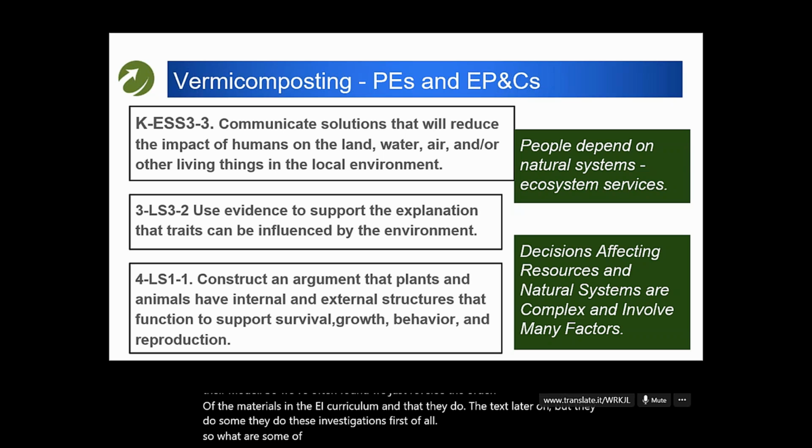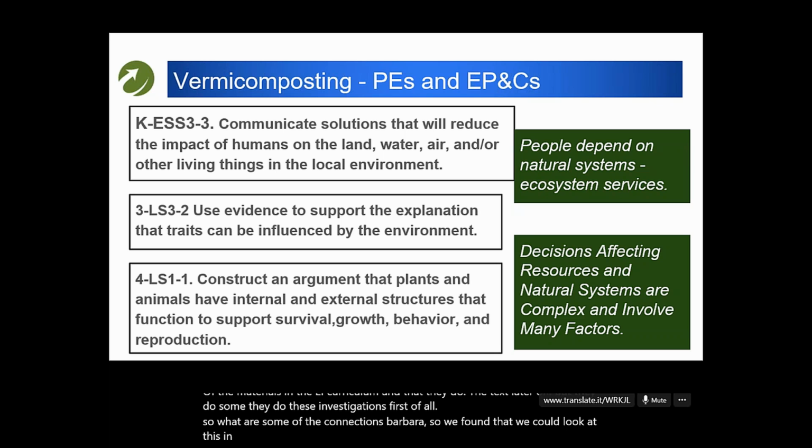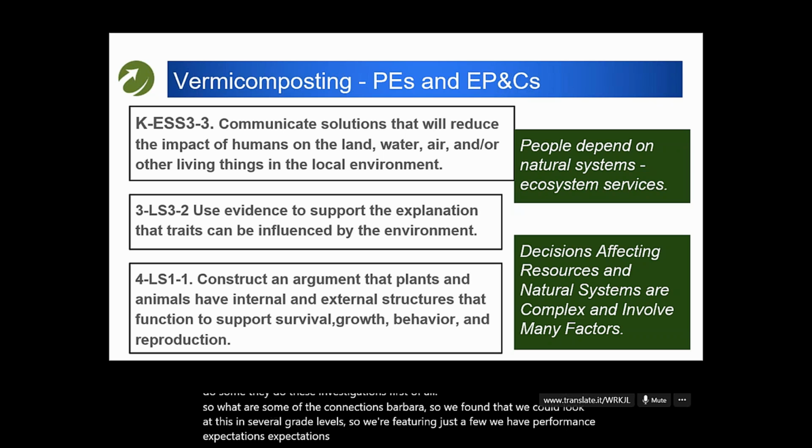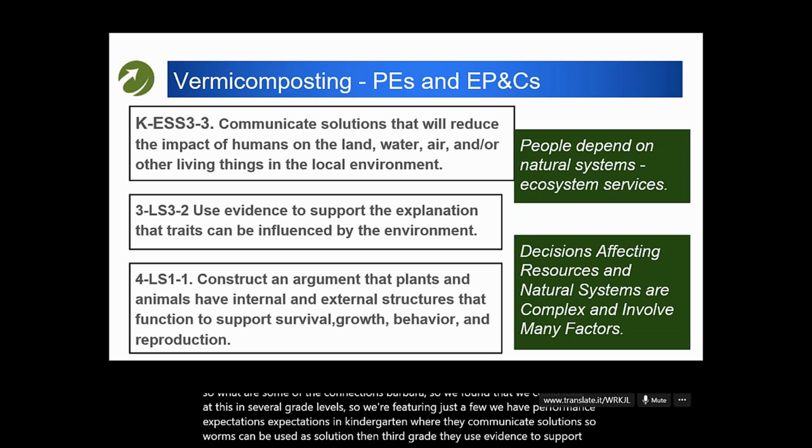So we found that we could look at this in several grade levels, so we're featuring just a few. We have performance expectations in kindergarten where they communicate solutions. So worms can be used as a solution. In 3rd grade, they use evidence to support the fact that traits can be influenced by the environment.